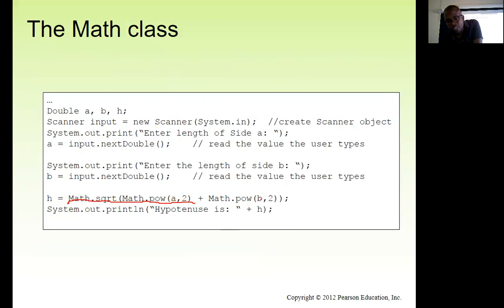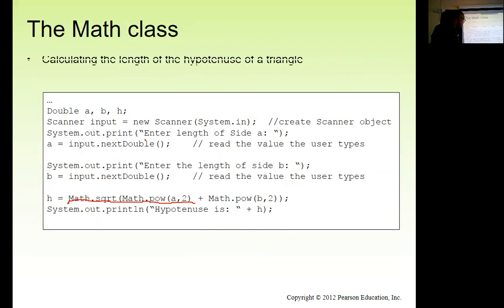So basically this is going to be b squared plus a squared, and then you find the square root of all of that, and that will give you the hypotenuse, given that you get valid values for A and B. Question?